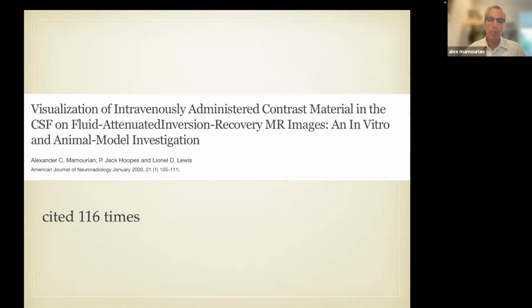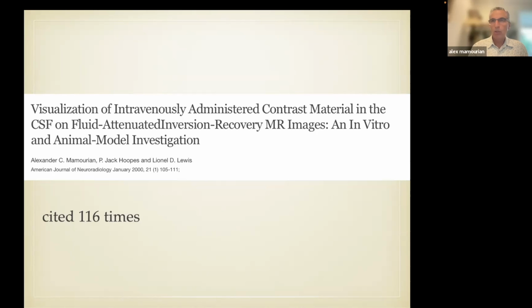Now, this can happen in patients without a tumor or an interruption of the blood-brain barrier. It can occur in patients with contrast administration, let's say on Monday, if they have renal impairment, or even if they have normal renal function, it's been reported that gadolinium leaks from the meninges into the subarachnoid space.